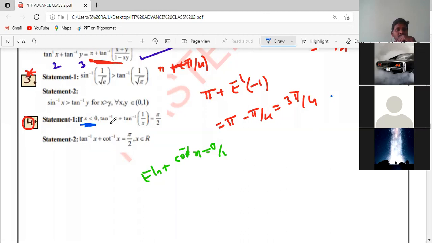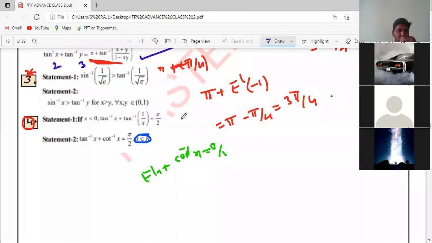If they give if and only if, it means only x less than 0. So for negative values it is satisfied, and positive values also satisfy it. Actually x belongs to R is satisfying, but they gave an if, so we just need to check only negative values.